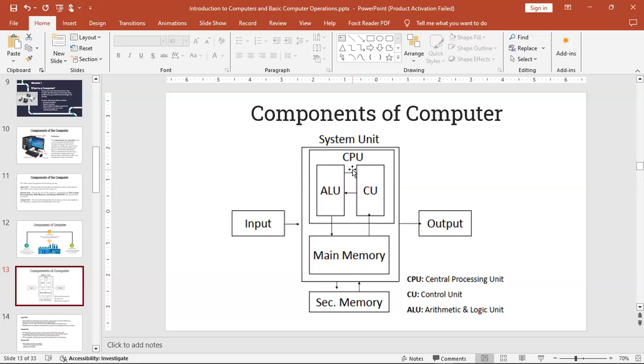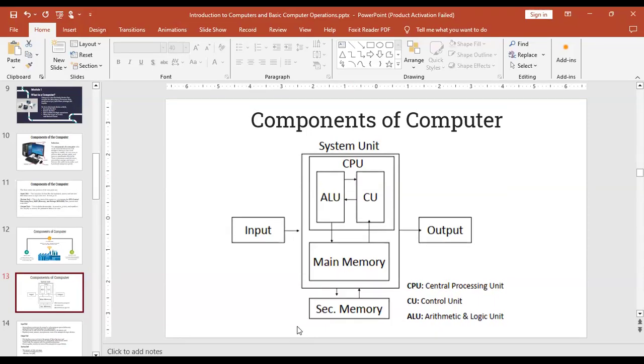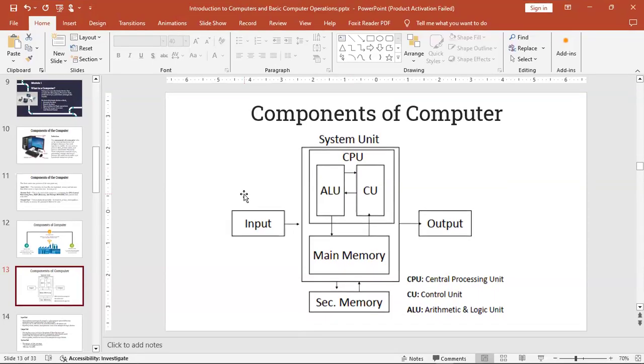We're going to see them in detail after this. And you must know the differences between these two parts. You must know their functions. The system unit, let me repeat myself, is divided into two main parts. We have the CPU and the main memory.